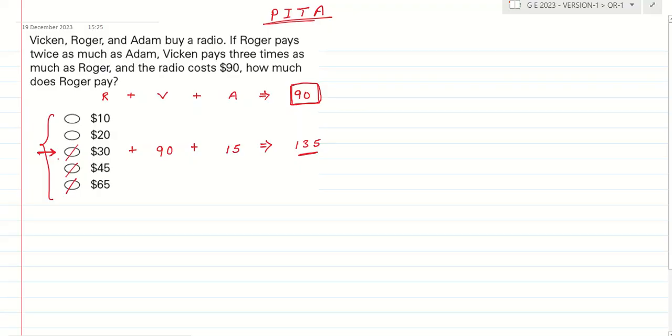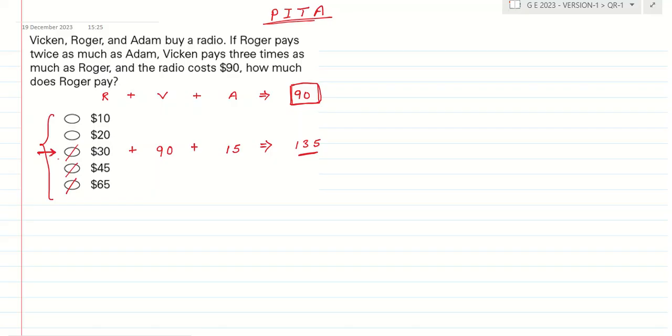Understood? Did you get it? Why did I take the middle value? One more good point, remember everybody: many beginners do not know that in the GRE, whatever option choices you have, they are always in increasing or decreasing order. This is the uniqueness of the GRE paper. Every MCQ question in the GRE will have the options in order.